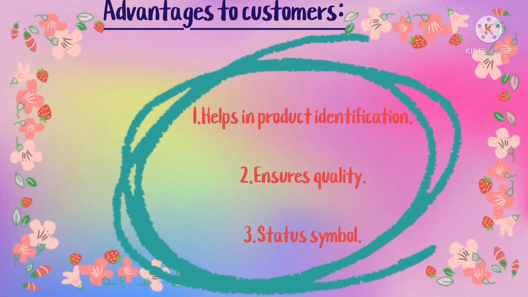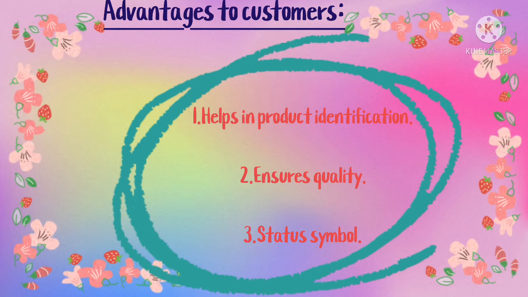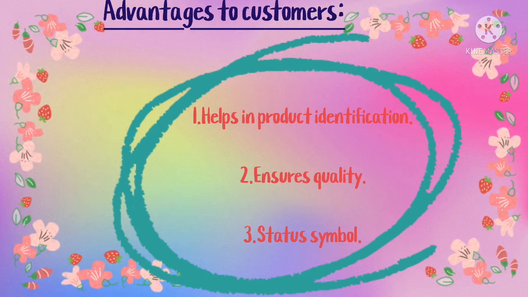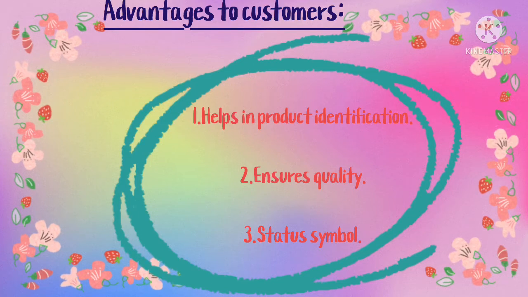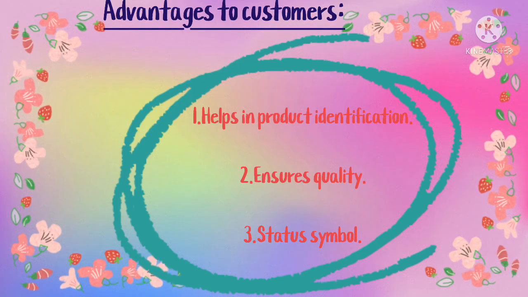And the second is ensures quality, which means a brand name gives a quality assurance, and customers can buy branded goods with no doubt about the quality of a product. People in these generations, in this era, mostly look for branded stuff.